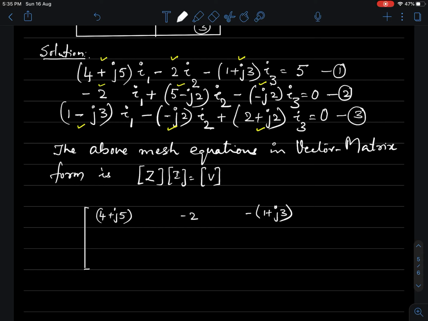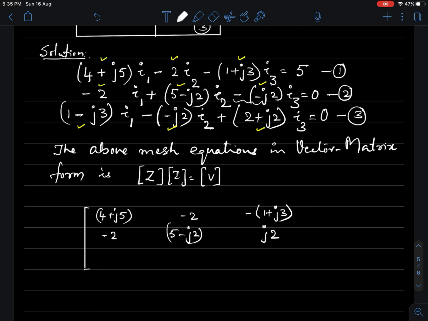Now the second equation: the coefficient of I1 is minus 2, coefficient of I2 is 5 minus J2, coefficient of I3 is J2. I have taken the product minus into minus, that becomes plus J2.